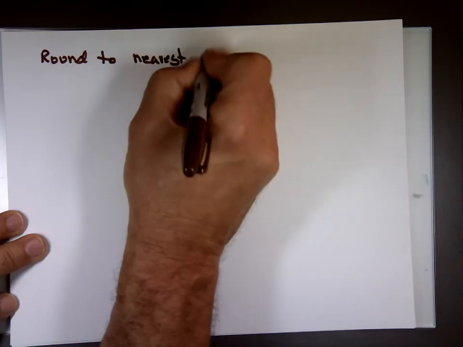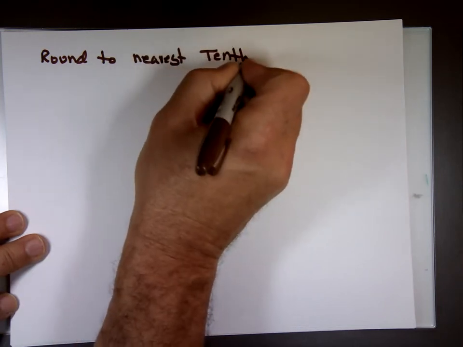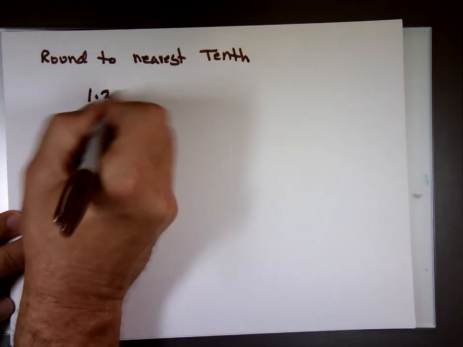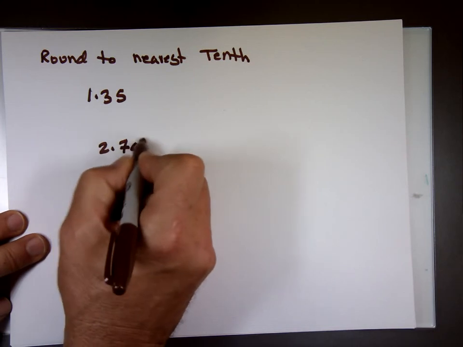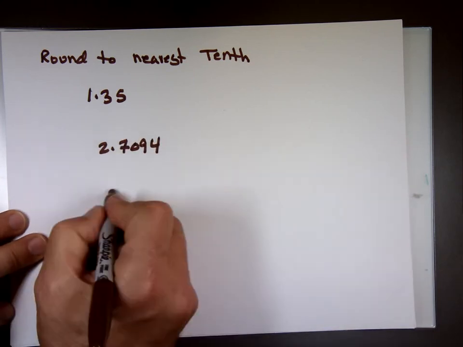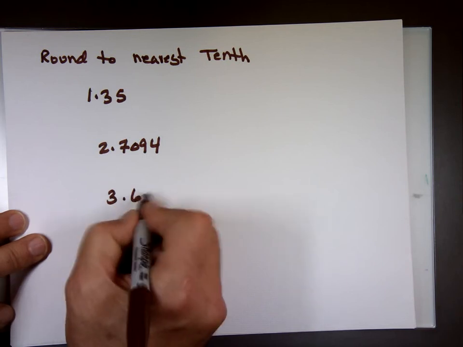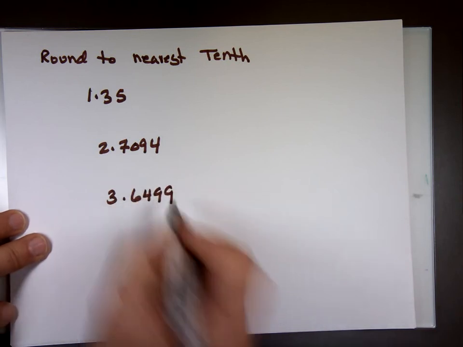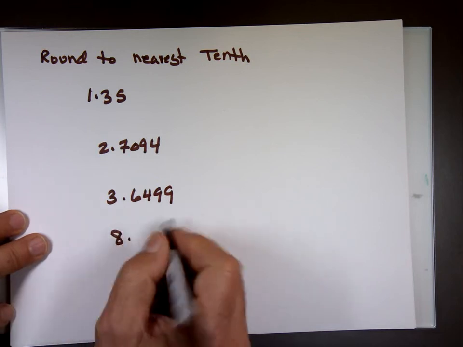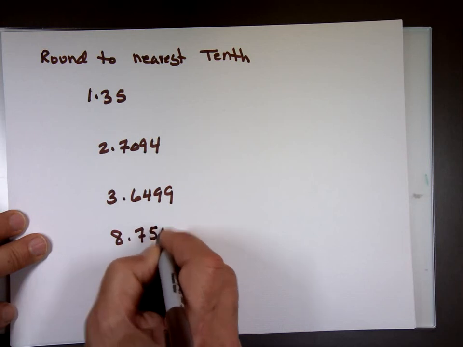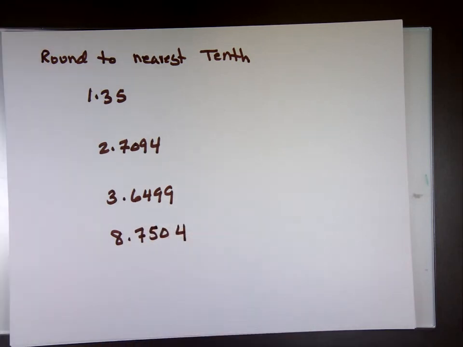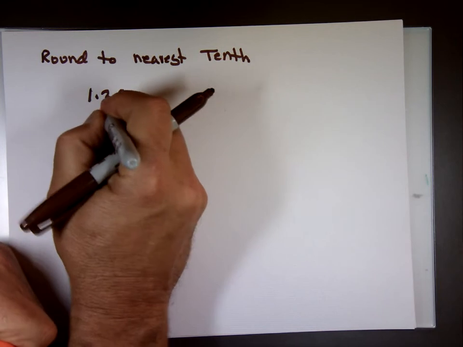Tenth with the TH. 1.35. 2.7094. 3.6499. 8.7504. Nearest tenth. Which one is the tenth location? Tenth is the first one to the right of the decimal point. These are the tenths.